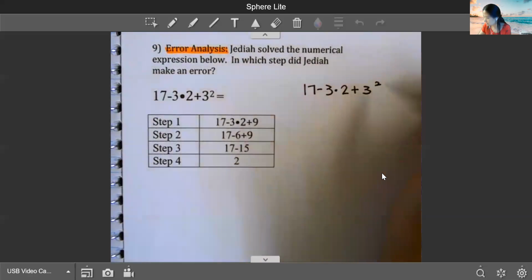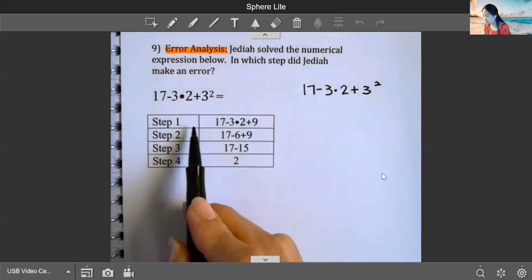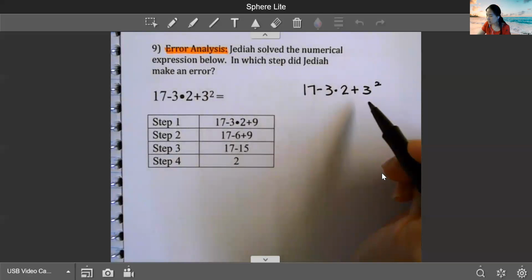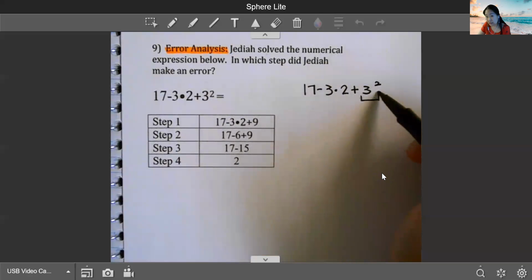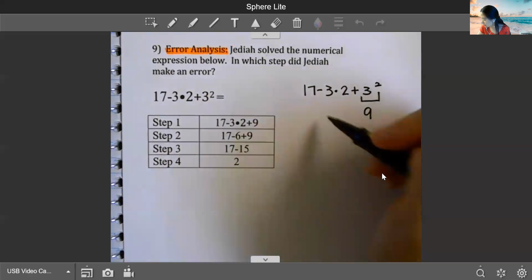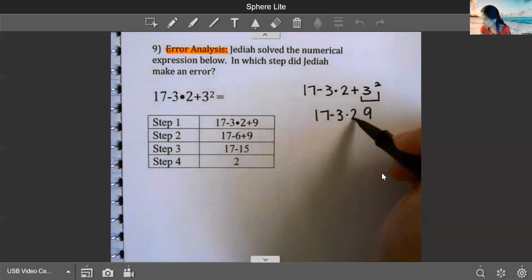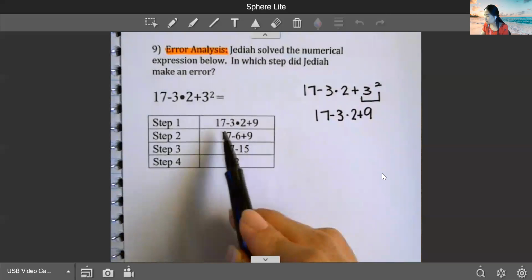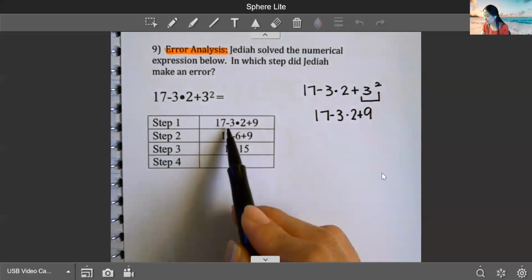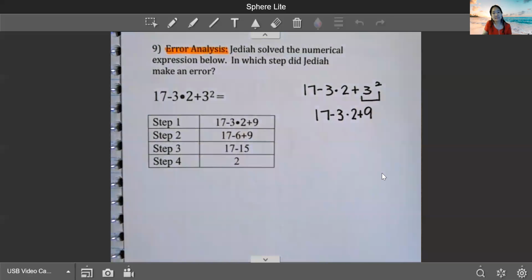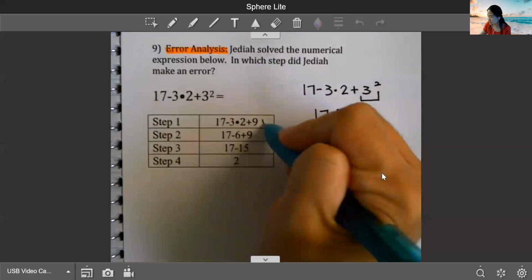So first, step 1. If you imagine solving it, I would do my exponent first, and I would get 9 here. Then when I rewrite, I would get 17 minus 3 times 2 plus 9. And if you see, step 1, 17 minus 3 times 2 plus 9, is exactly the same as what I solved.